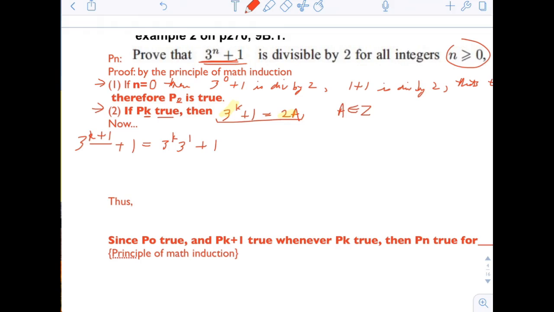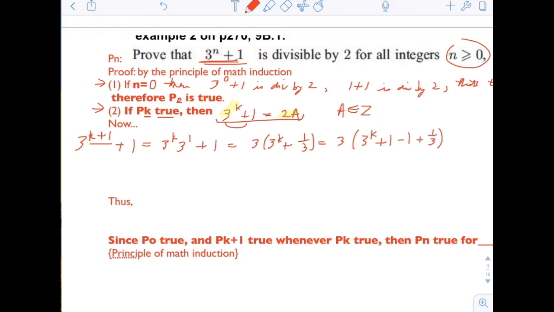And then let's do this. Let's factor out a 3. And then we have 3 times the quantity 3 to the k, and let's put plus 1 just like we have here, and then we'll do minus 1 plus 1/3.